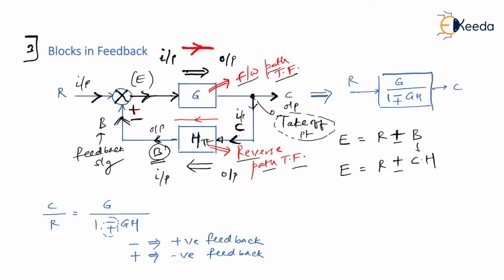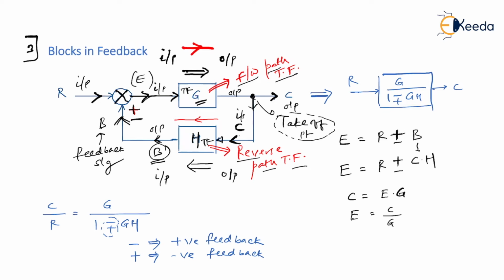Next, like we have related for the reverse path transfer function, look at the forward path transfer function. I can write like this: C is equal to E into G. That is nothing but, again, input multiplied by transfer function is nothing but output. Am I right? So can I write like this? Yes. Then can I write E equal to C upon G? Right?